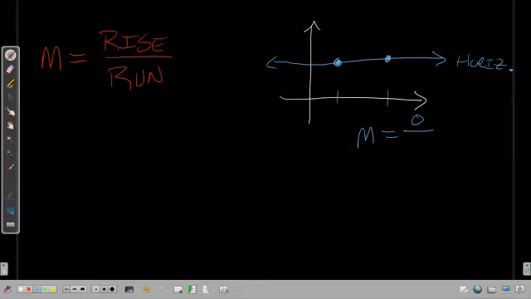The run can be anything that isn't 0. And as long as the denominator is not 0, the whole thing is 0. 0 over whatever number that's not 0 is just 0.